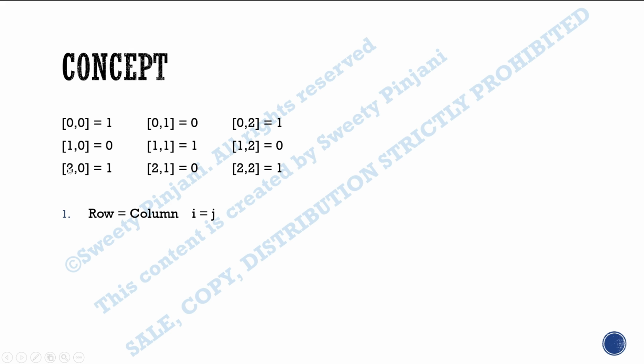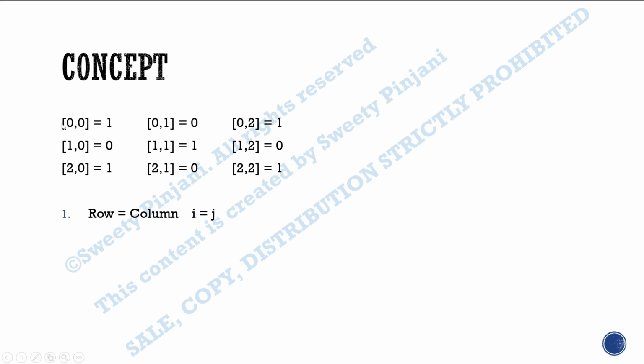Here I is 2, J is 0. What is a common equation for both of these? A common equation can be I plus J equal to 2. Here I equal to 0, J equal to 2, so I plus J becomes 2. Here I equal to 2, J equal to 0, so I plus J becomes 2 again.